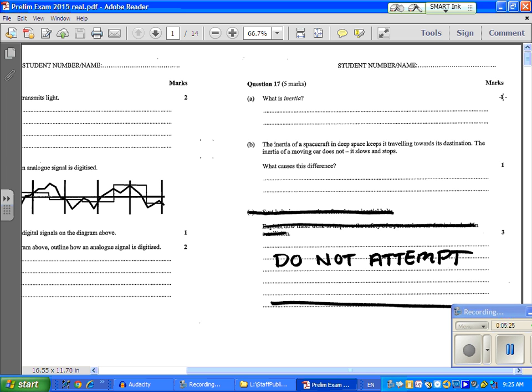Now, the thing about the inertia question is there are multiple ways you could have answered that. Some people referred to Newton's first law. Some people referred to the fact that it's not a type of movement, it's a description of how things continue to move.